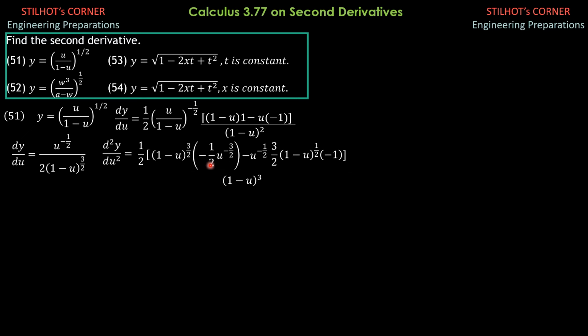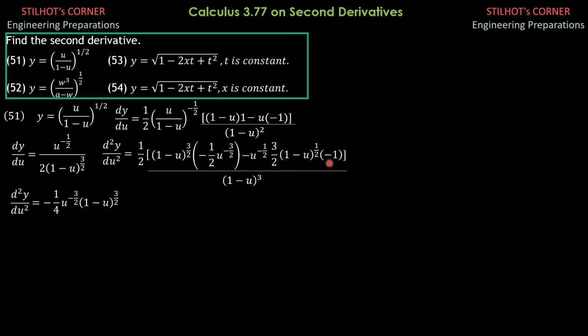This first term here, let's distribute 1 half, so that would be negative 1/4, then u to the negative 3 halves, 1 minus u to the 3 halves, which is this, after we distribute.